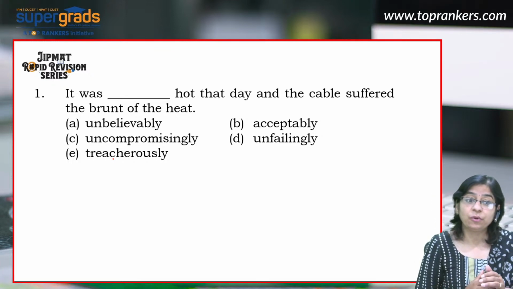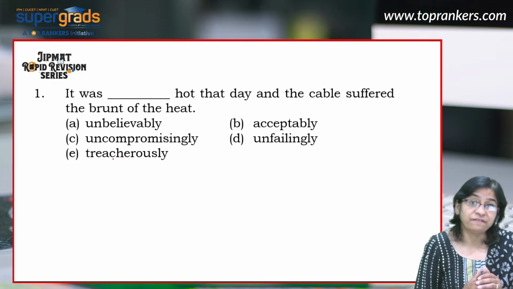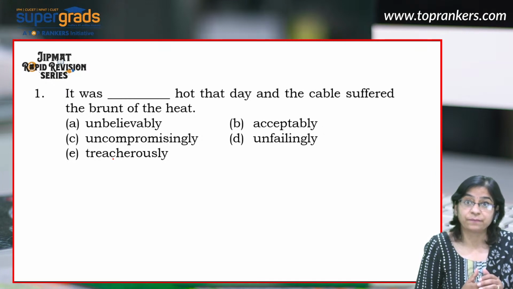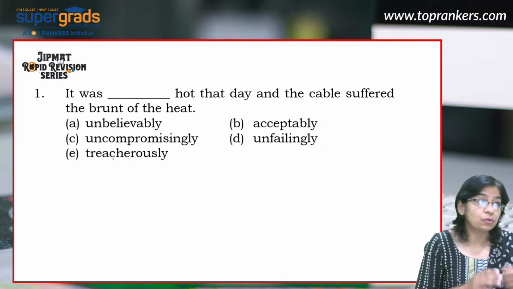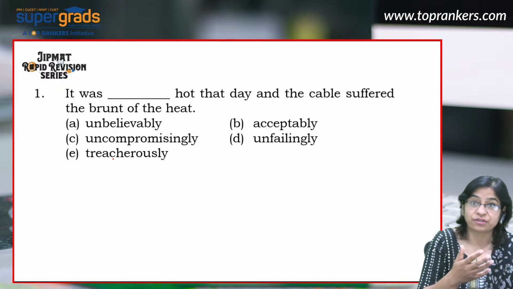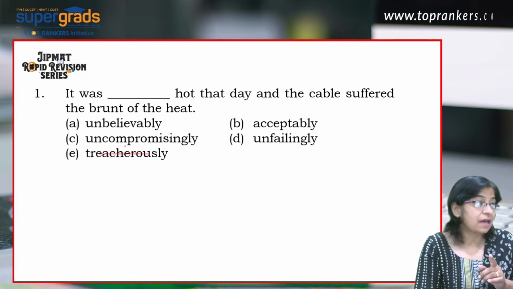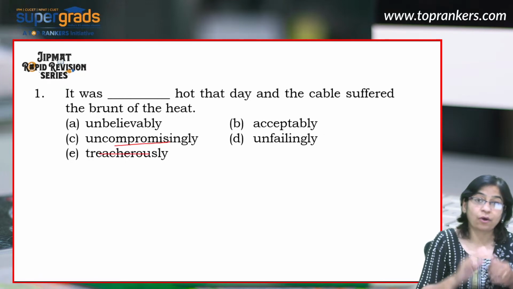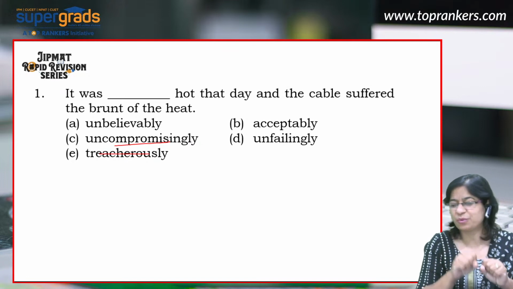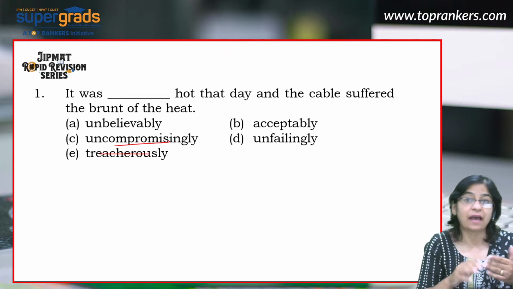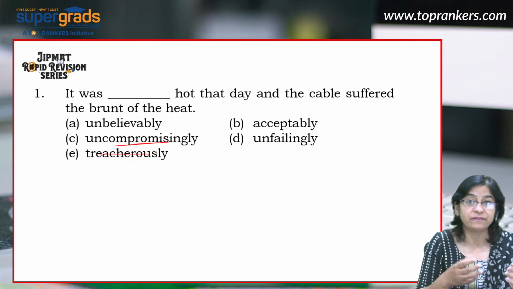When you are being treacherous, you're being unfaithful, you're betraying someone, letting someone down. So days cannot be treacherous. So we'll eliminate this. Uncompromisingly hot. Compromise is when you're able to accept, okay, fine, it's hot. But uncompromisingly hot, you cannot even fathom.